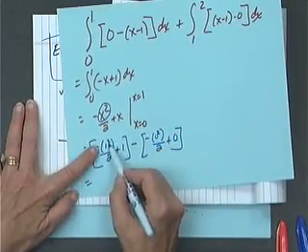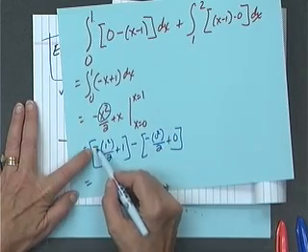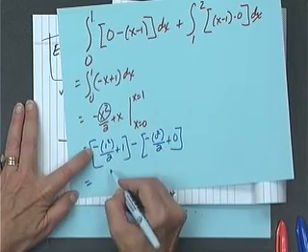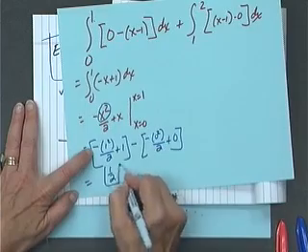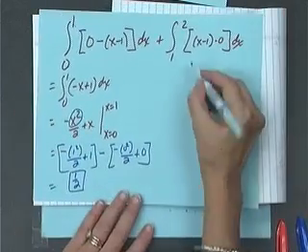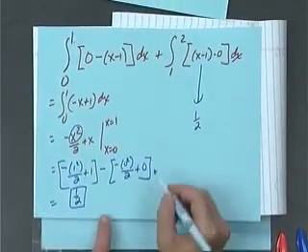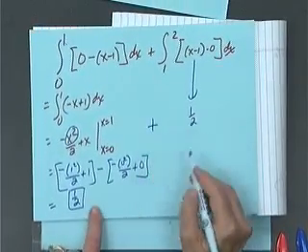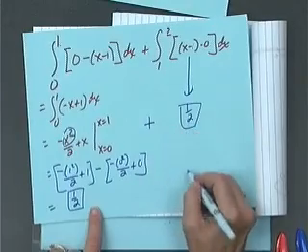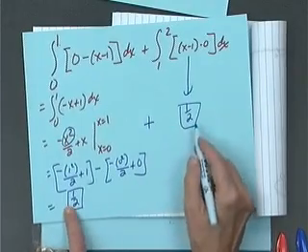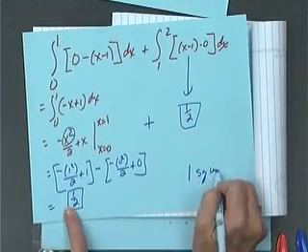So 1 squared is positive 1, but now you've got the minus out there, so that's negative 1/2 plus 1, which is 1/2. And then we work this side correctly down. That was 1/2. When you add those two together, that gave you a total area of 1/2 plus 1/2, 1 square unit.